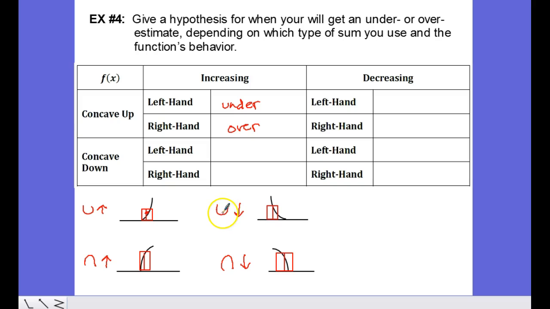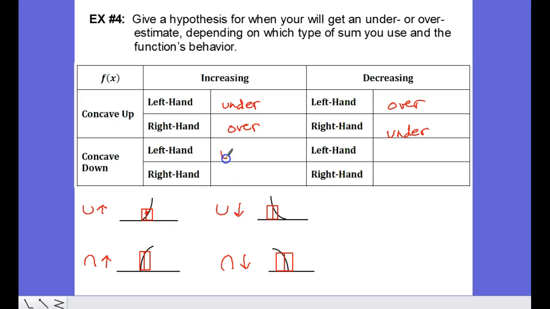Now for concave up but decreasing, my right hand sum is under the curve, so that's an underestimate, and my left hand sum is over the curve, so that's an overestimate.